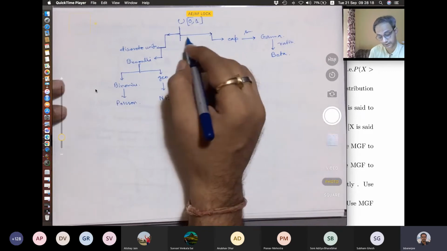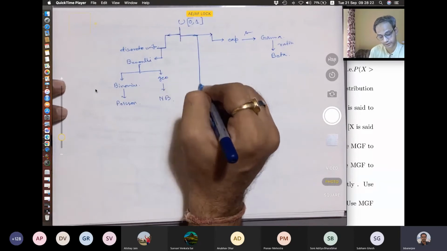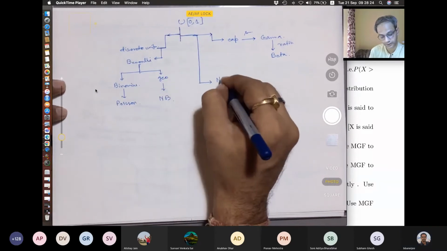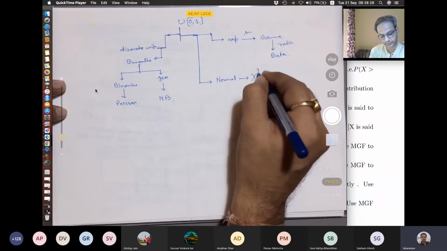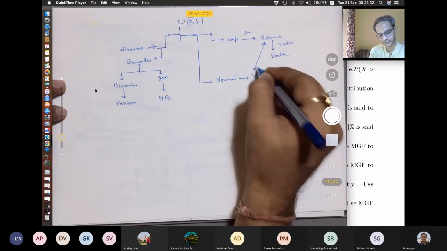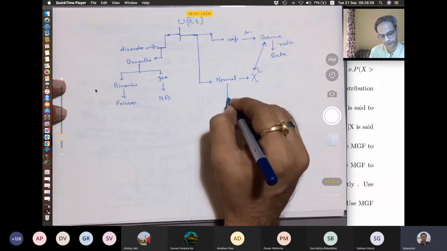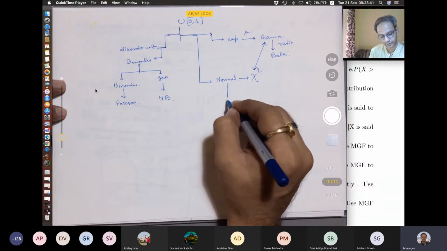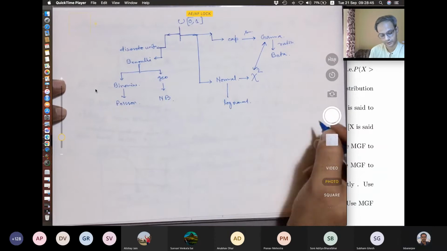Okay, so another separate story comes from uniform, which takes us to normal. From normal to chi-square, and chi-square and gamma are equivalent. From normal we have got log normal.